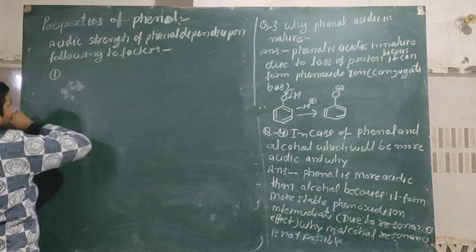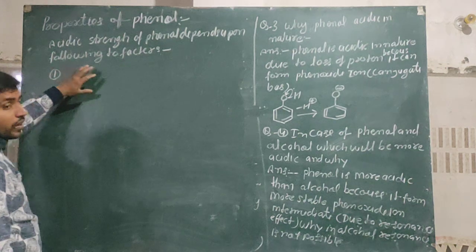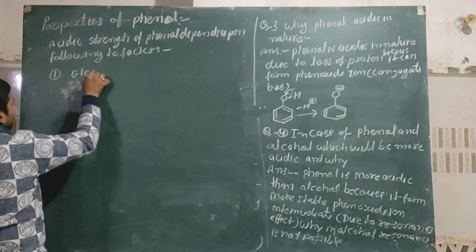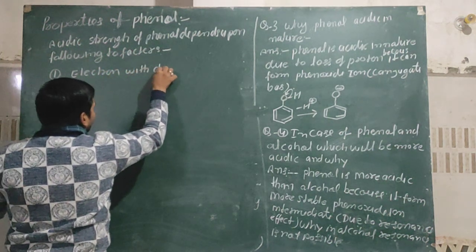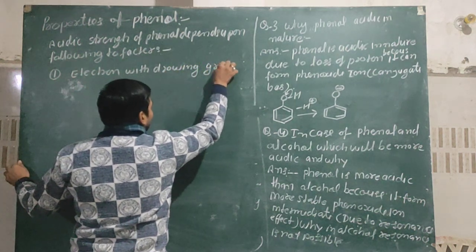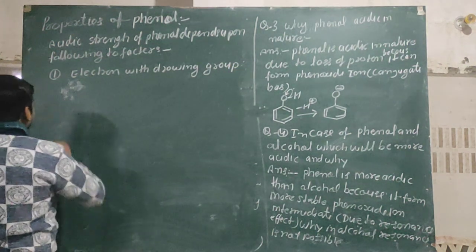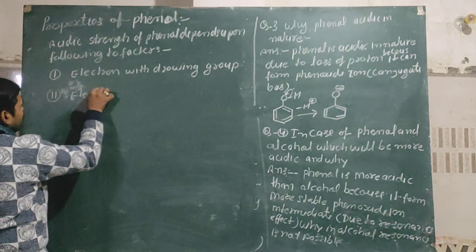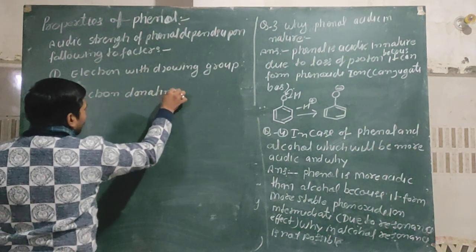Factor first, if phenol contains an electron withdrawing group, and second factor, if phenol contains an electron donating group.